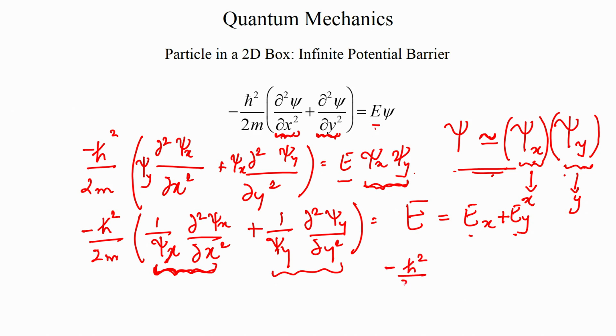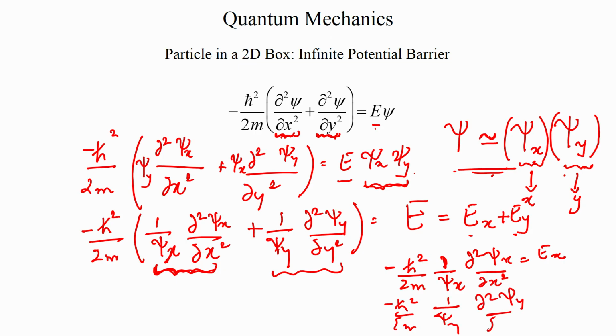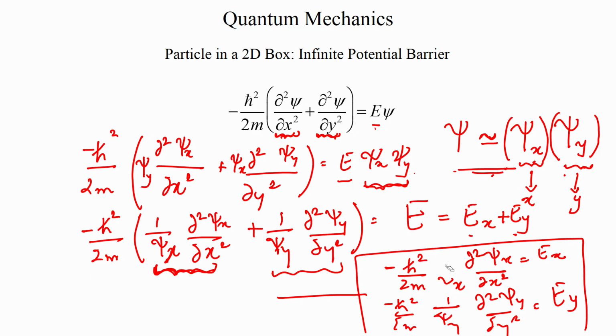Okay, I can write this first term on the left hand side as equal to Ex, and minus h square by 2m 1 by psi y dou square psi y by dou y square is equal to Ey. So let us split it into these two terms. If I take the psi x and psi y to the other side, these are my equations.